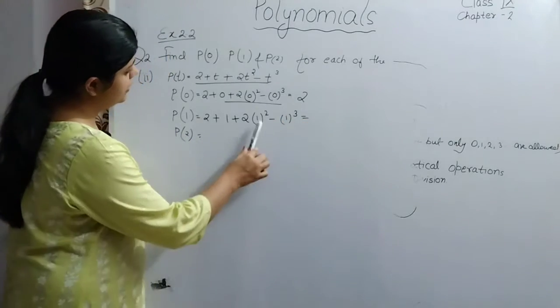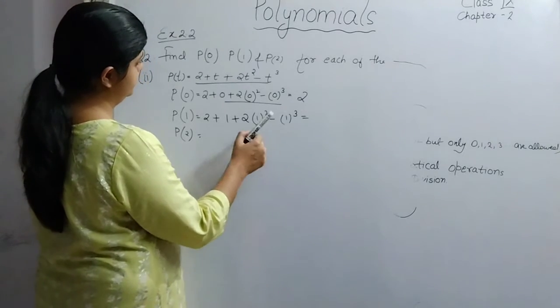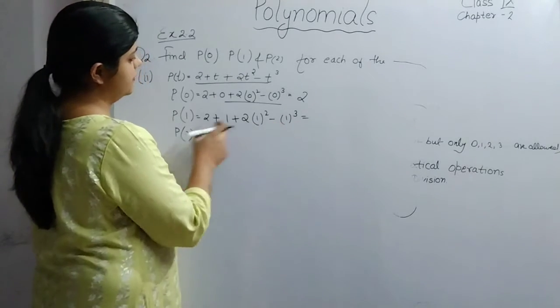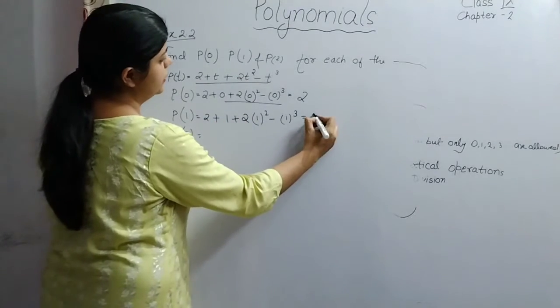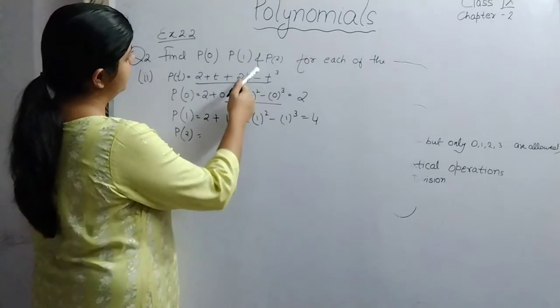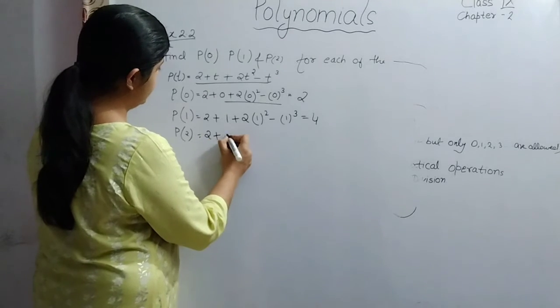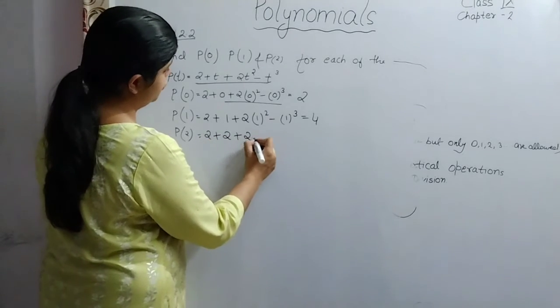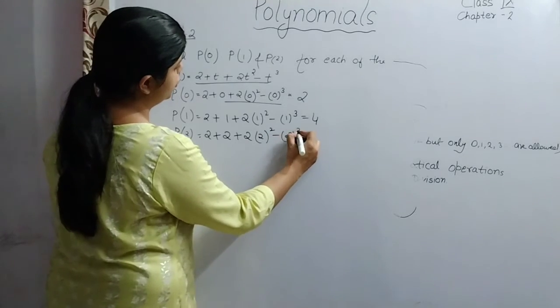After solving this, the minus 1 and plus 1 cancel out. Here 2 ones are 2, plus 2, it becomes 4. Now third, where the value of t is 2: 2 plus 2 plus 2 times 2 square minus 2 cube.